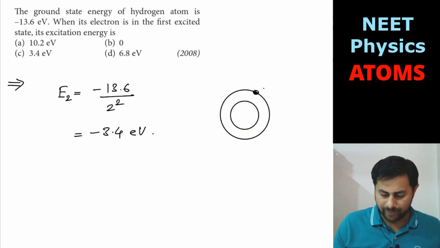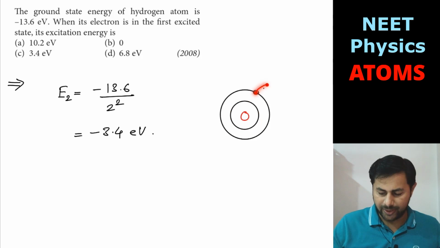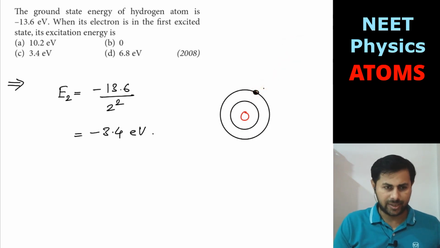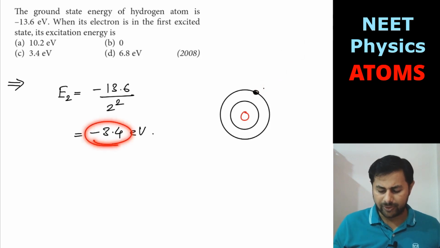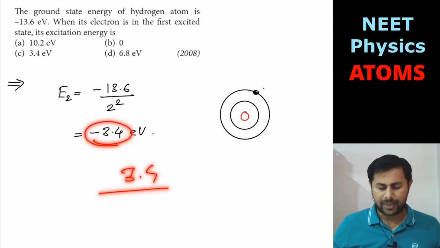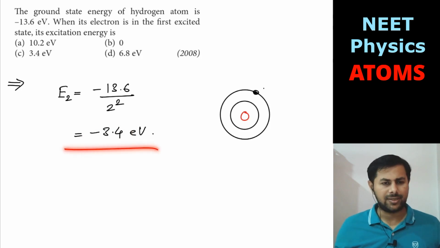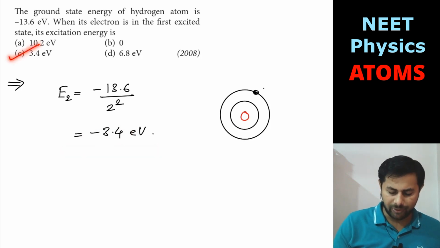Now suppose you want to make it free. How much energy is needed? So the energy needed would be equal to plus 3.4, and that is called the excitation energy. So what is the excitation energy then? It's plus 3.4 electron volts.